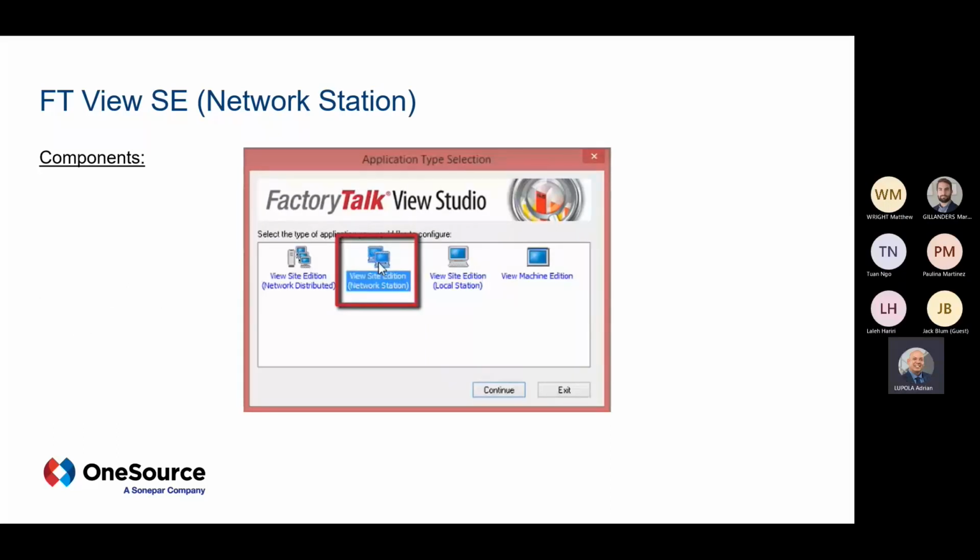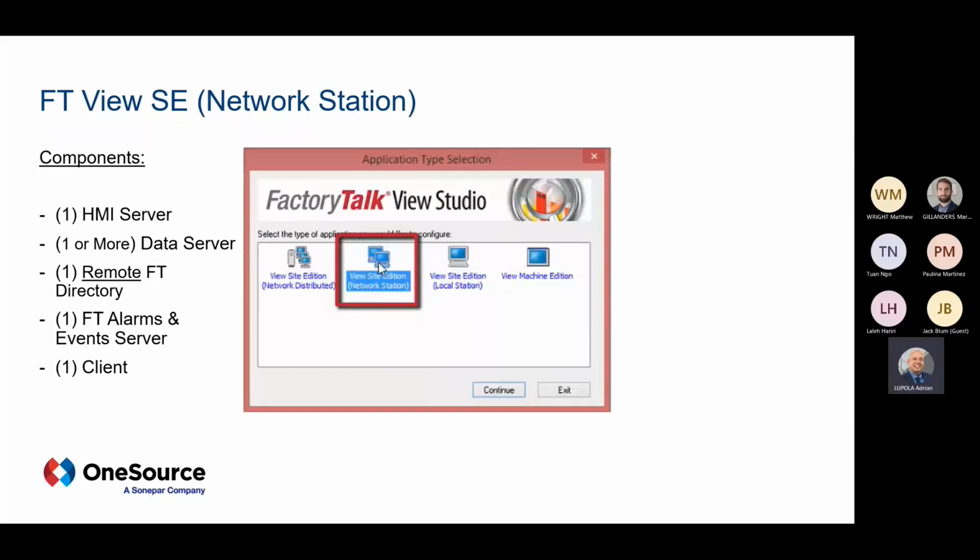The next is our network station. Network station is very similar to the local station. However, this is going to have a remote FactoryTalk directory instead of local, but it's still going to contain that same one single HMI server. It's also going to open up, and now you're going to be able to have one or multiple data servers, as well as one FactoryTalk alarms and event server and one client.